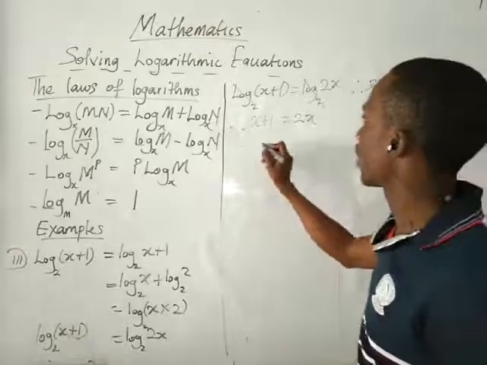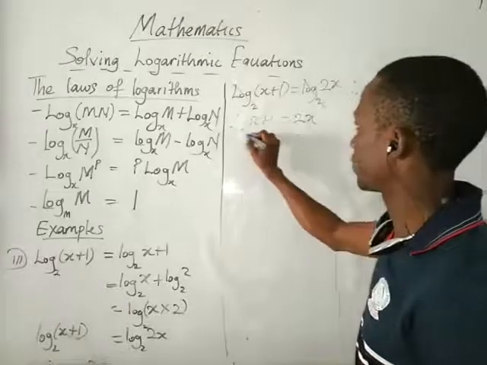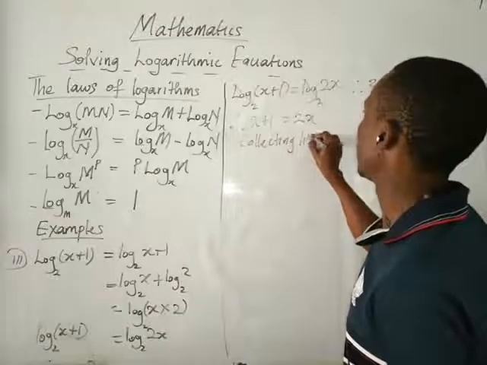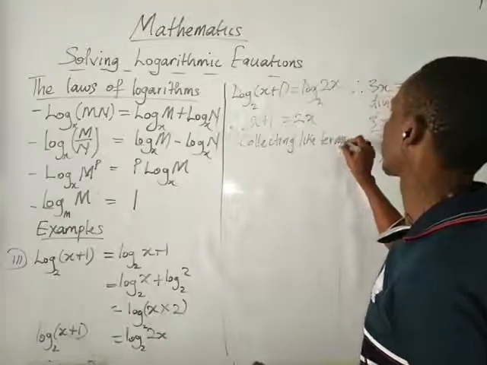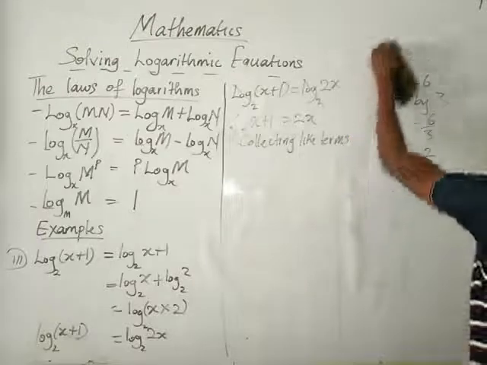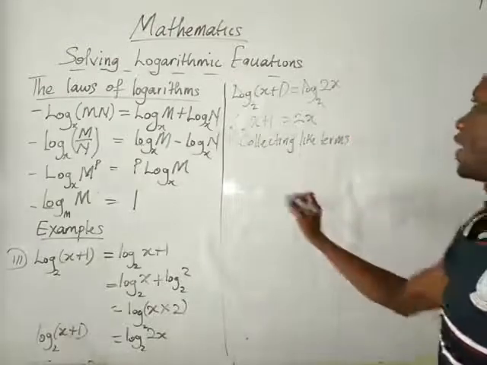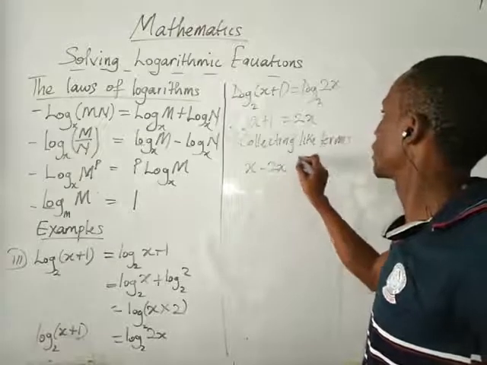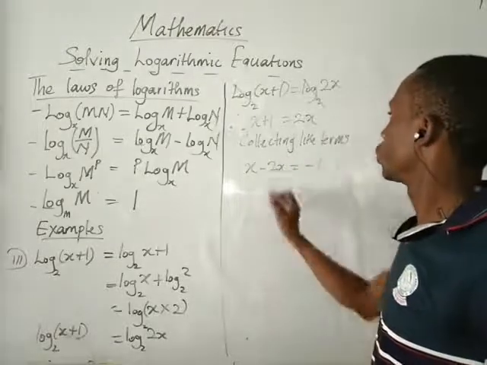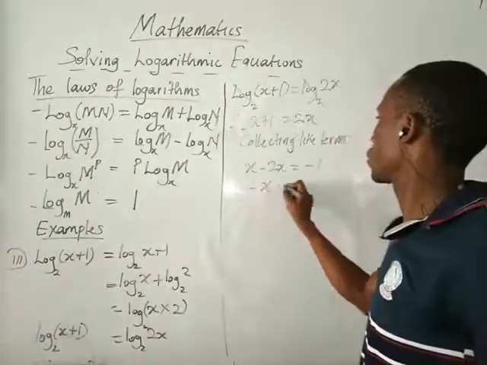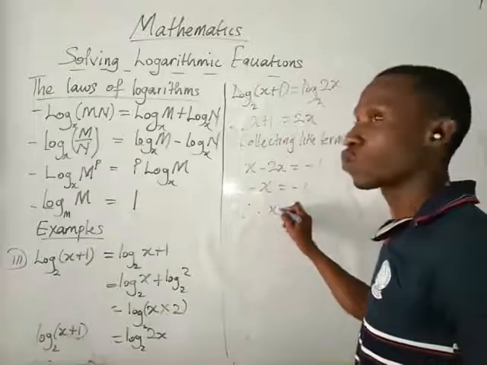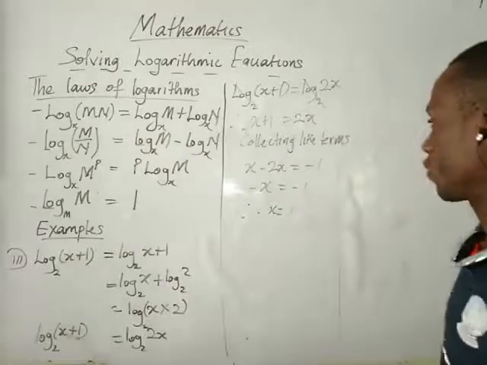So, therefore, let's collect like terms at this junction. We justify that x minus 2x equals minus 1. So that will give me minus x equals minus 1. Therefore, I have x equals 1. How do I justify that?